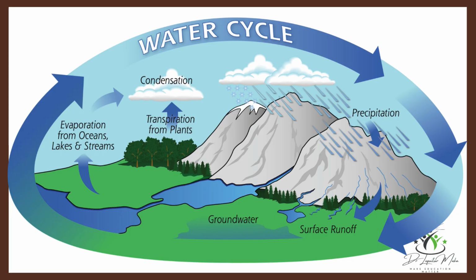It can fall back as hail, snow, dew or mist. Now this is what we call precipitation. So it precipitates out, right? It comes back, it falls back, it precipitates, right? So by now you know what precipitation is.